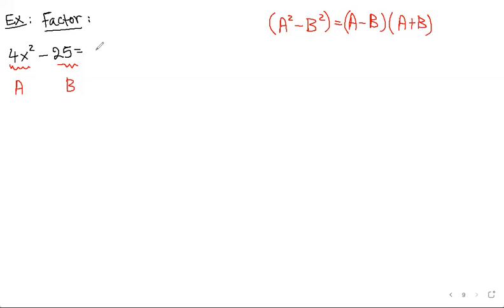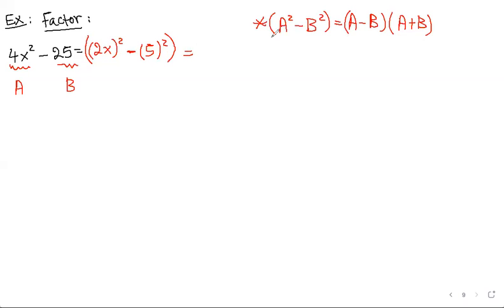So again, here if I want to make it like A squared, it looks like 2x everything squared minus 5 everything squared. That's true or not? 2x everything is squared because 2 to the 2 is 4, x to the 2 is x squared, minus 5 to the 2 is 25. So now this looks exactly like the formula.